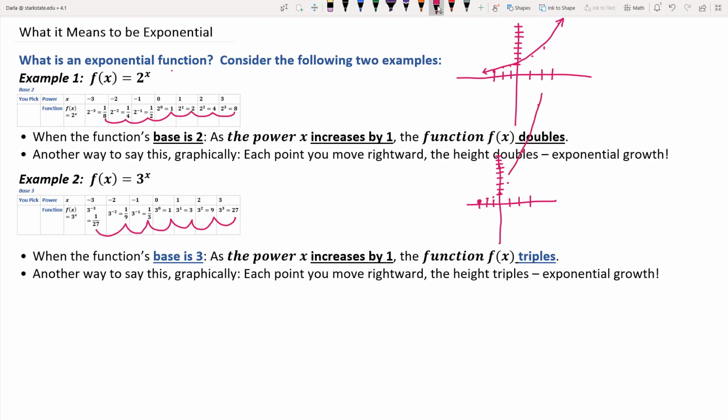And it's an even steeper exponential growth, if you will. And that's because the base is larger. Your base is 3 this time, so you're tripling each time. And that continues on that way. So that's what it means to be exponential, and that should demonstrate what it means to be exponential growth. So as you increase rightward, your growth is even more and more significant as you go along.